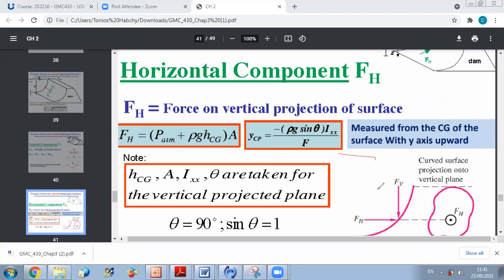If you take the Y axis origin on the centroid and take it upward, since the center of pressure is always below the centroid of the area, YCP is just minus this term, because it's below it and you have Y positive upward.